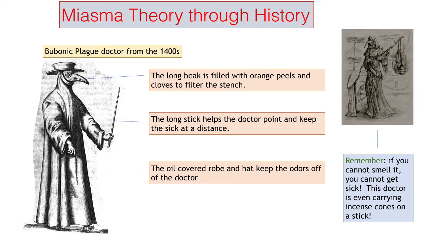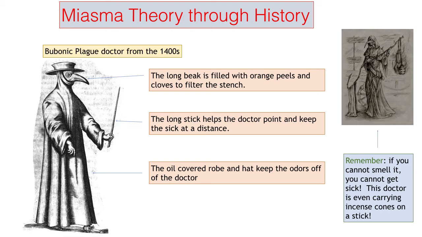Now, in the slide here, you see a picture of a bubonic plague doctor from the 1400s, and you notice that he's wearing this mask that has this very long beak on it. Well, the beak has a purpose, and the purpose is that it's filled with things like orange peels and cloves and cinnamon sticks, anything that smells good, which can filter the stench.